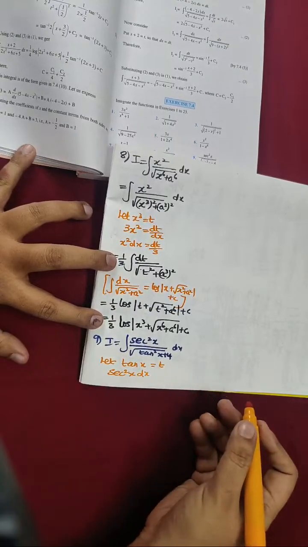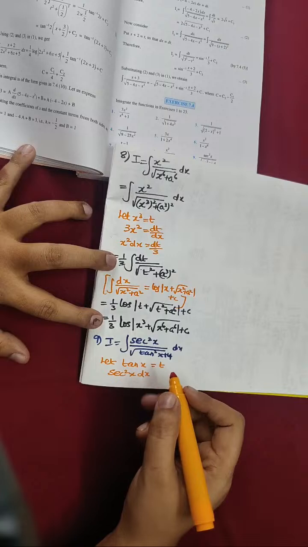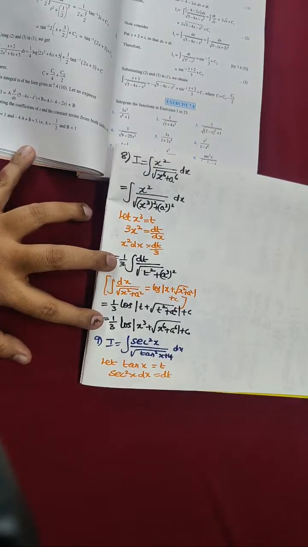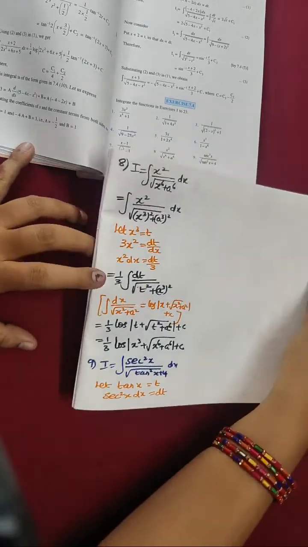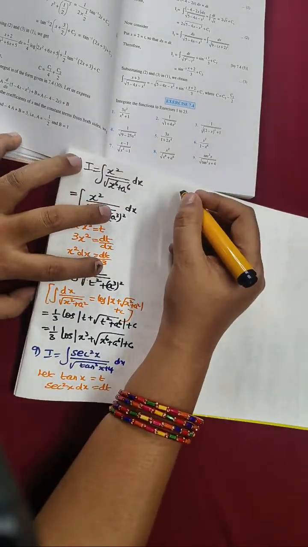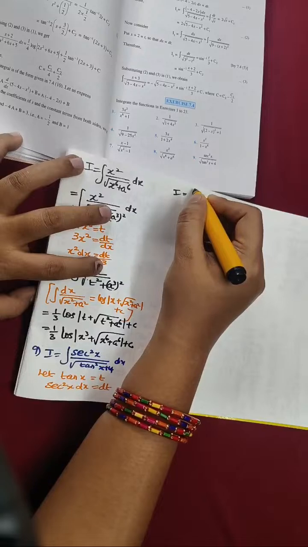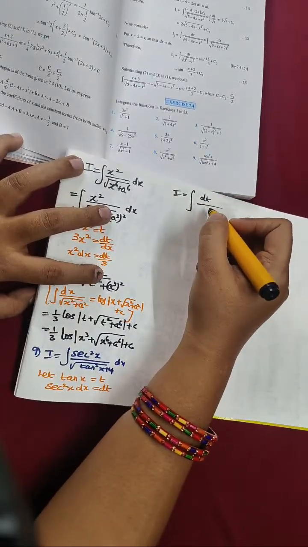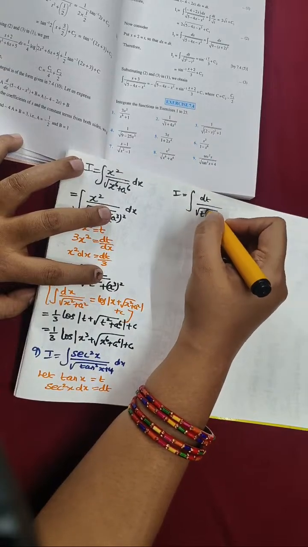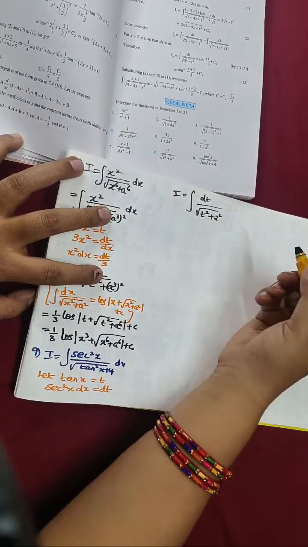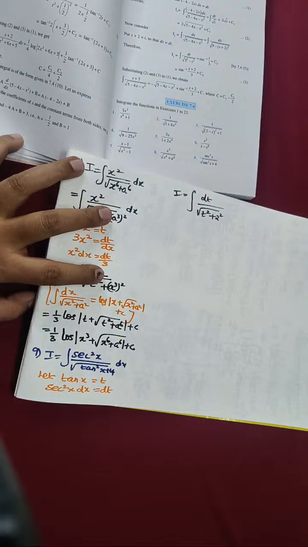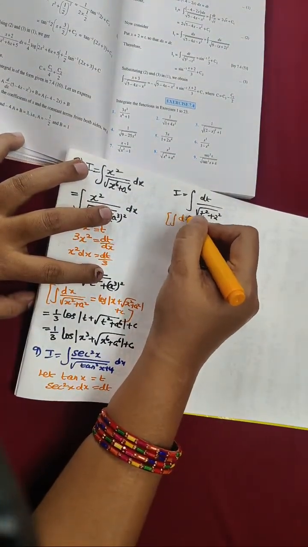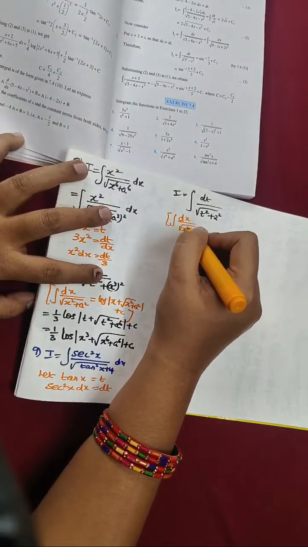Now replace secant square x dx with dt by root of t power 2, and 4 we can write as 2 square. Now you have it in the form of integral dx by root of x square plus a square.